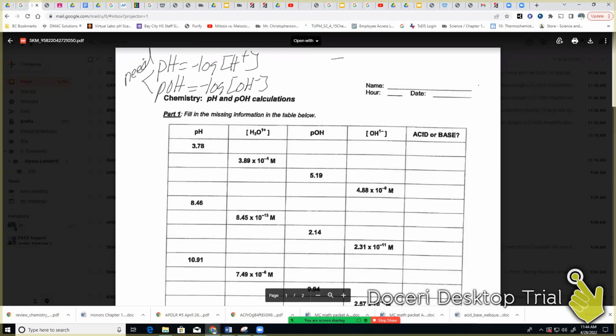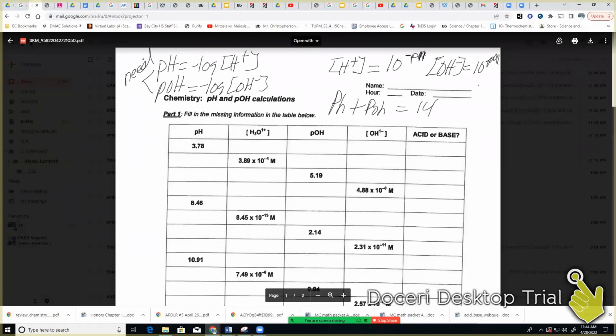And now my H plus concentration is equal to 10 raised up to my negative pH. And my hydroxide would be 10 raised up to a negative pOH. And then, of course, pH plus pOH equals 14. All right, I think that should get everything that we need.